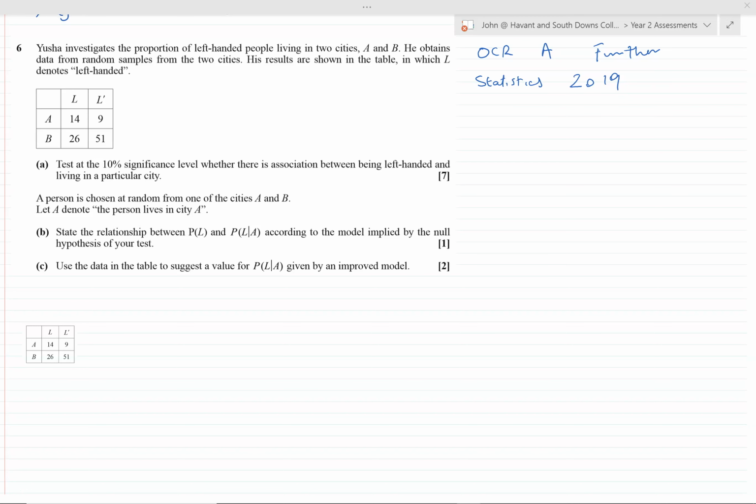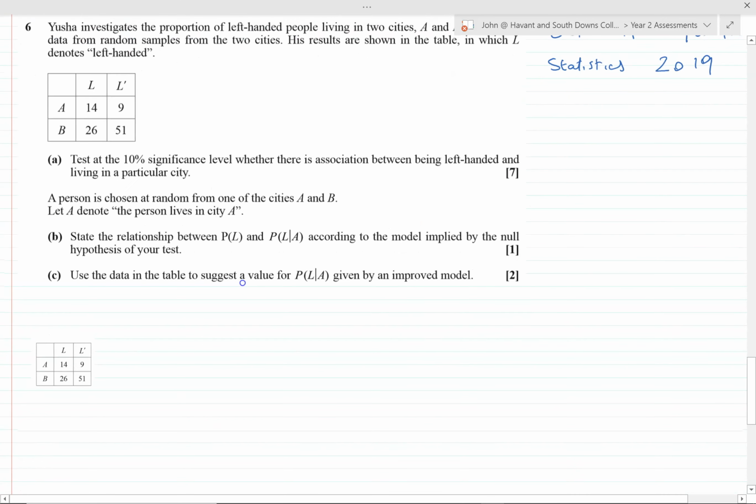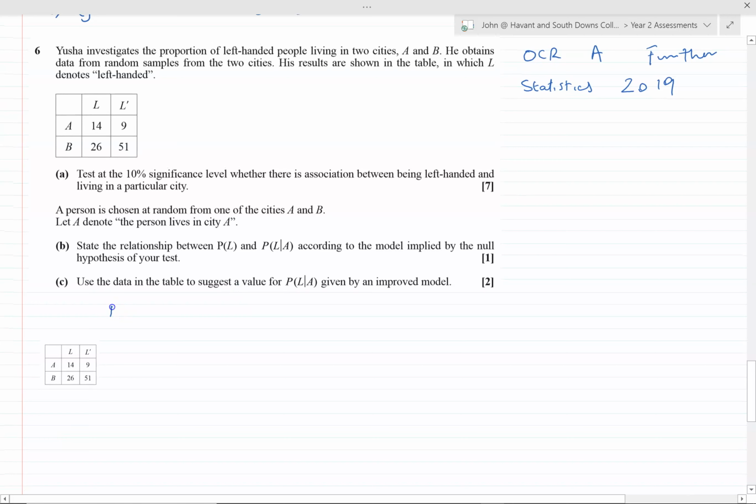Let's set up the null and alternative hypothesis first. So the null hypothesis is there is no association. OCR seem to like you to use the word association. You will find the word independence used in it. They do accept it here, but OCR seem to prefer you to use the word association.